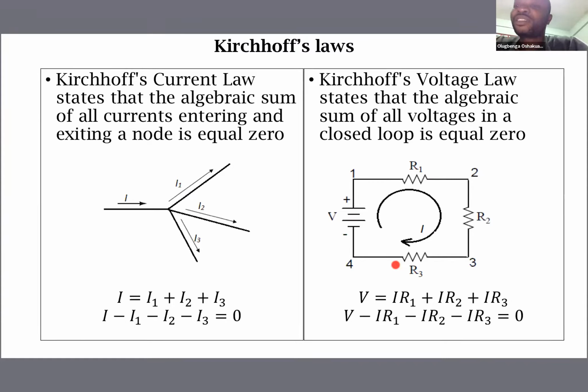For instance, let's call this a 9 volts battery, and let's call R1 a 1 ohm resistor, and let's say R2, okay, let's make it even. Let's say this is a 3 ohms resistor, 3 ohms resistor, and 3 ohms resistor. So they add up to give a total resistance of 9 ohms.